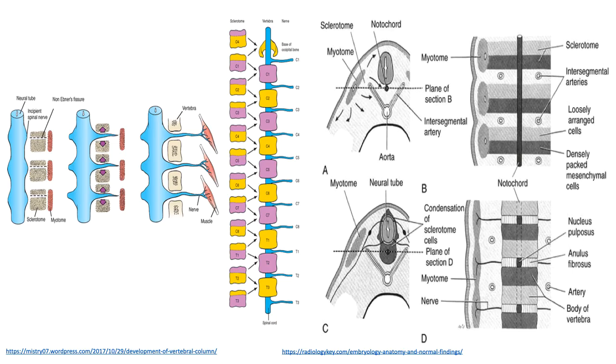You can also see the nerves are growing where you have the space, where you have an imaginary line. Remember the von Ebner fissure? Here you can see each sclerotome is made of a higher gray and a lower black area.